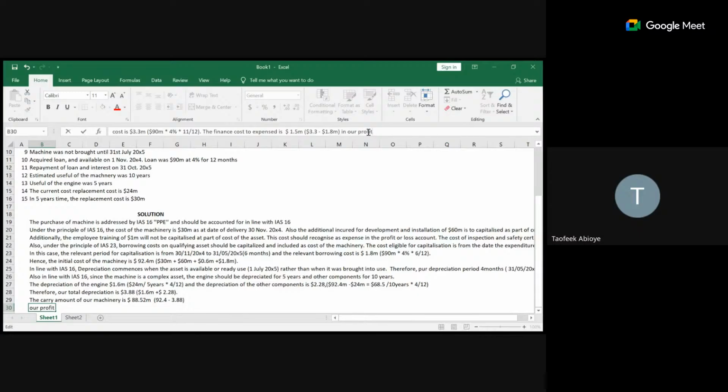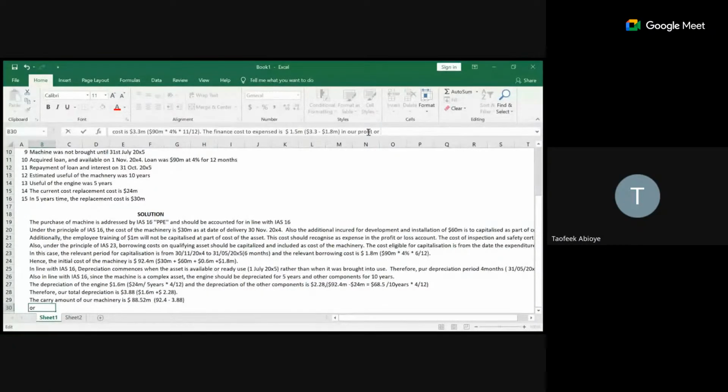So what I did in this last paragraph is that I calculated the finance cost we are supposed to pay. We collected the loan on 1st November 20x4, and it is for 12 months. So if you count 12 months from 1st November 20x4, it's supposed to be 31st October 20x5.